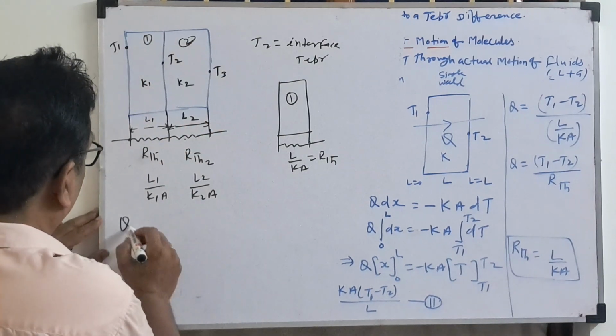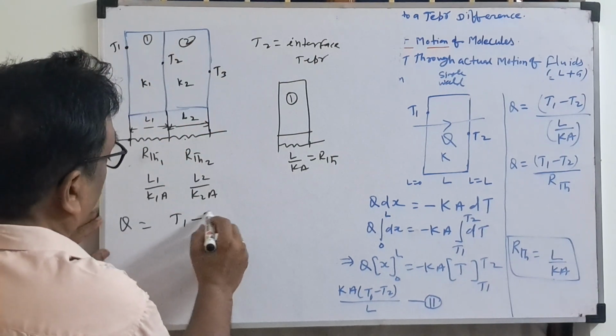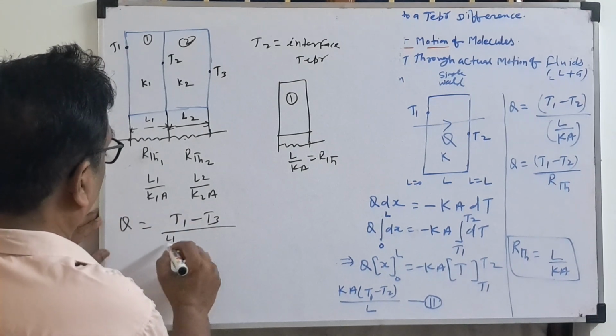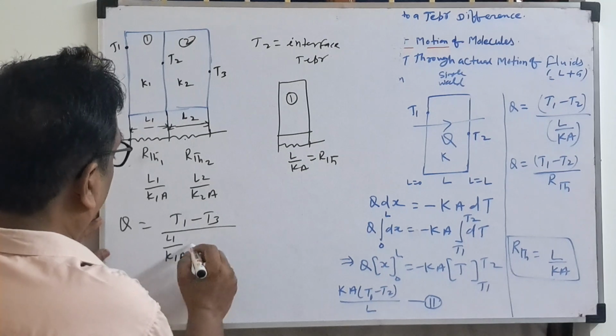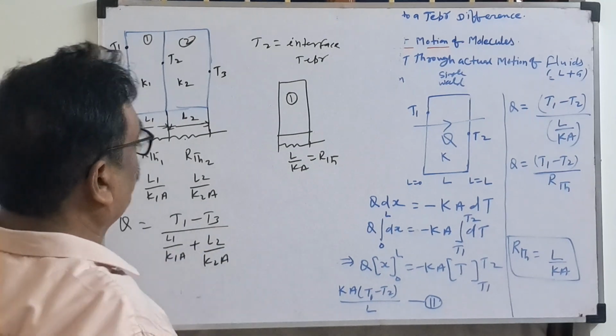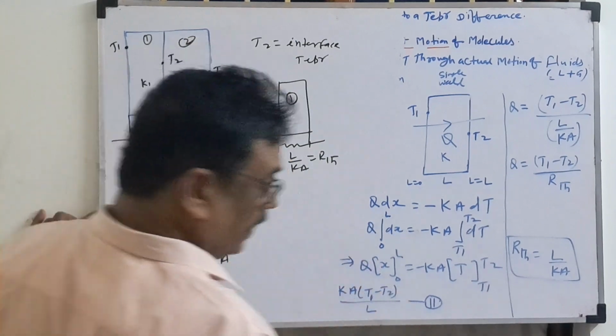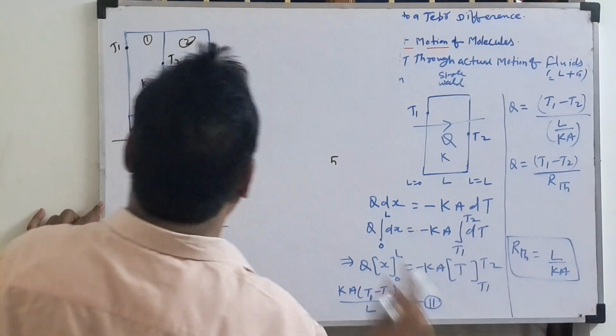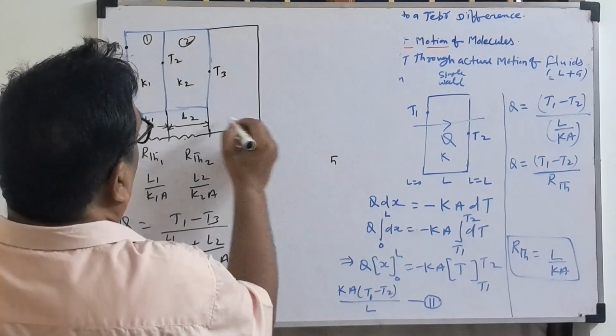What is the formula for the heat flow? The overall temperature difference by thermal resistance 1 plus thermal resistance 2. Directly write L1 by K1A plus L2 by K2A. Now similarly, I will remove this and increase one more wall here.